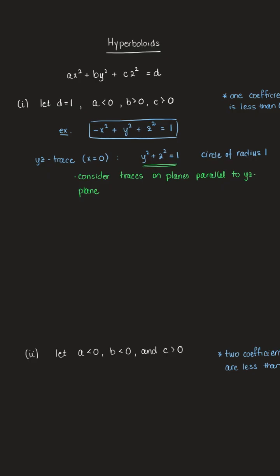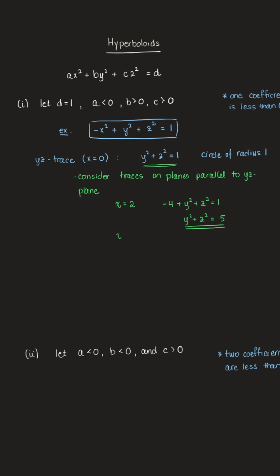Let's try. Let's suppose that we let x be a positive 2. x equals 2 is a plane parallel to the YZ plane that's been moved forward along the positive x-axis at 2. So when x is 2, our equation will give us negative 2 squared, which is 4, plus y squared plus z squared equals 1. And if I add 4 to both sides of the equation, we obtain another circle, with radius square root of 5, which is bigger than 1.